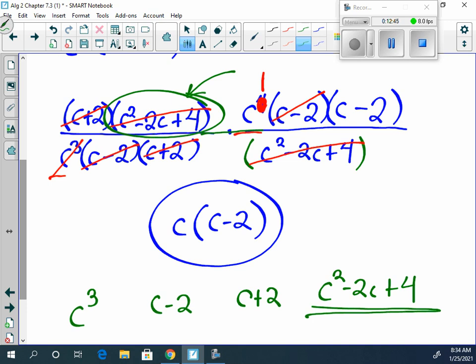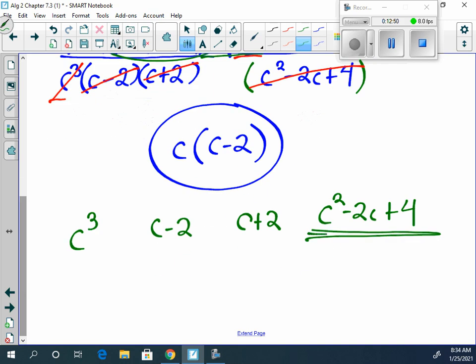Well, no. So this part here would never equal 0, correct? So can I have any restrictions with this here? No. There are no restrictions with this here because it's not possible. There's no way for this to equal 0. So it is possible to have quadratics or have things in the bottom of a fraction that will never equal 0. Normally, these are the ones that give us imaginary solutions.